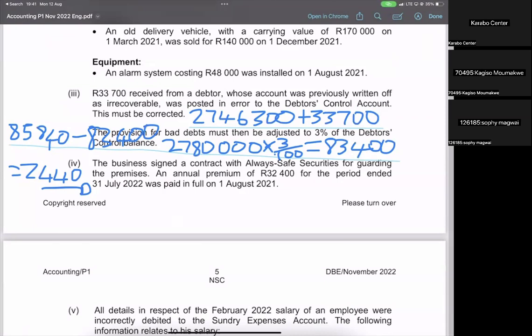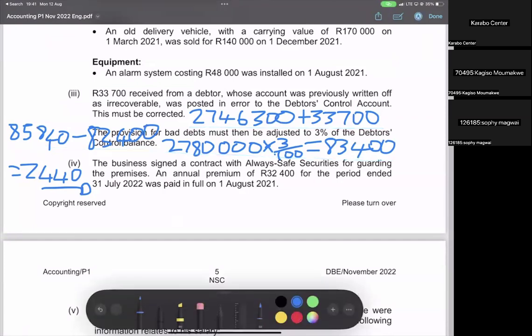So the annual premium starts from 1 August, and our year does not change, as I've said. Our year is still March, April, May, June, July, August, September, October, November, December, January, February.